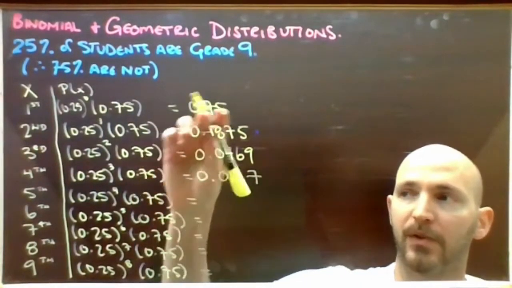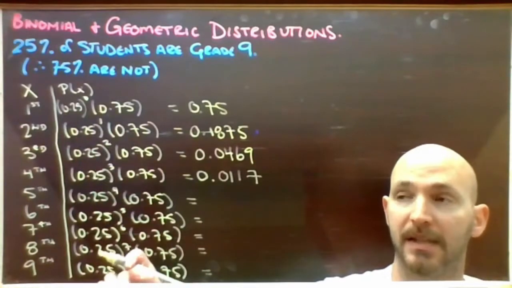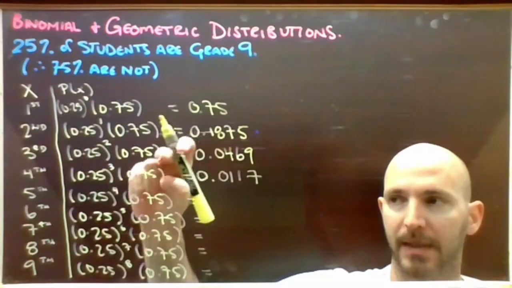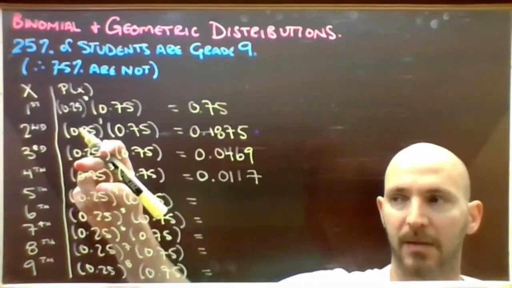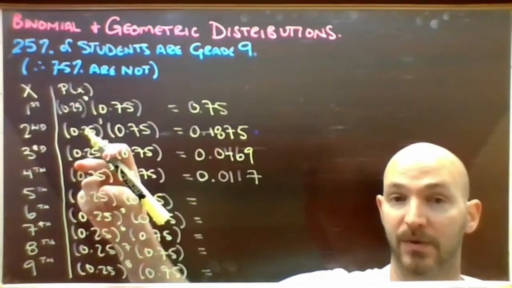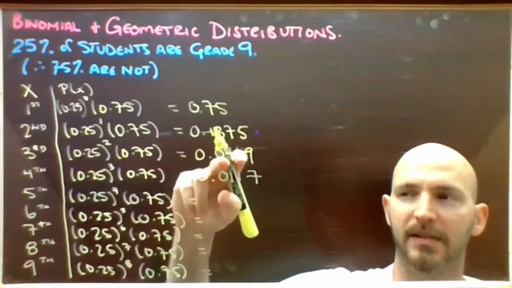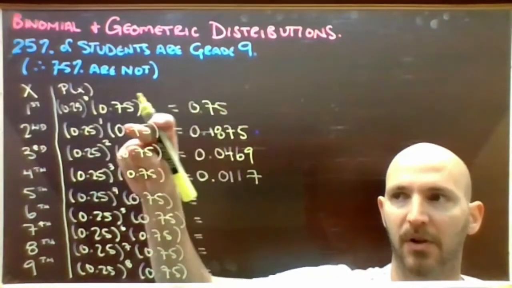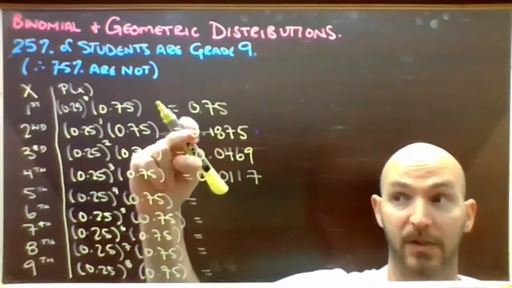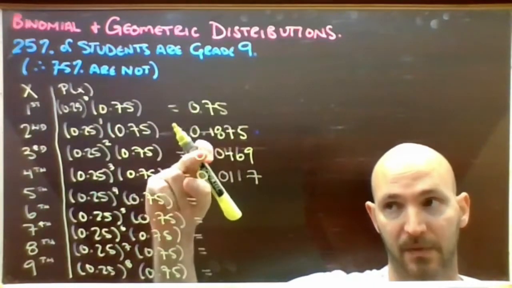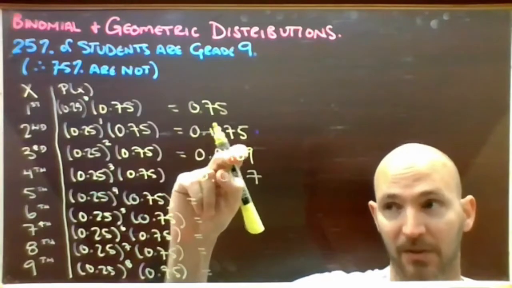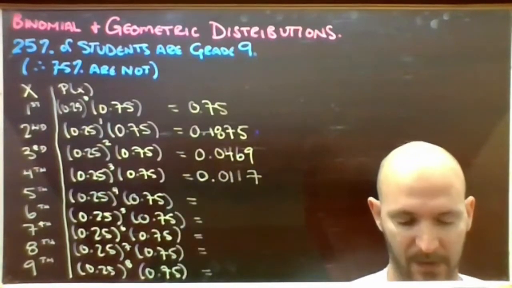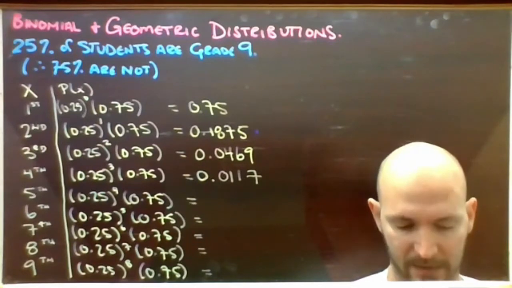Now, if you notice, something that will speed this up for you, the only difference between this number and this number is that I multiply by 0.25 an extra time. So to get to the next row, you're really just taking this number and multiplying it by 0.25. Then you take this number and multiply it by 0.25. And then you take this number and multiply it by 0.25, etc., down the chart. So I'm just going to do that so we can get to the end.